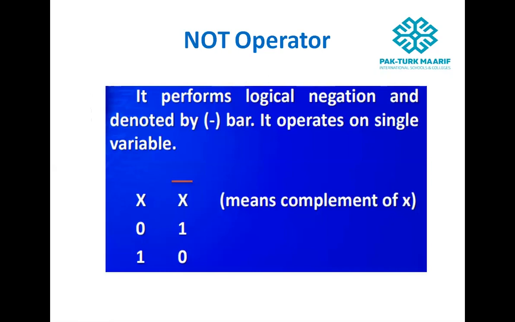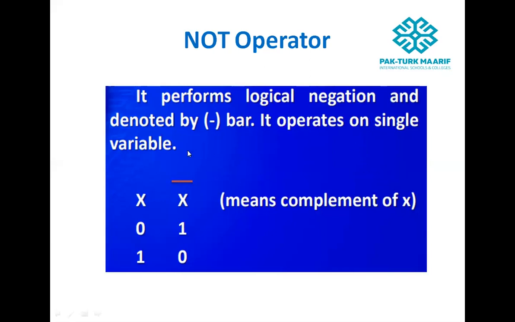Not operator. Third operator is NOT operator. It performs logical negation and is denoted by a bar. Not operator basically is a complement. And complement means that, for example, if one value is 0, the complement will be 1. If the value is 1, the complement will be 0. It is the inverse of that value. So it operates on a single variable.